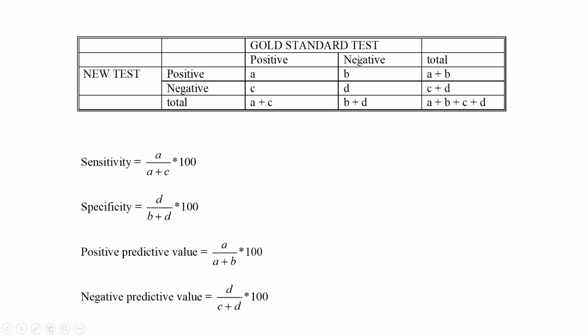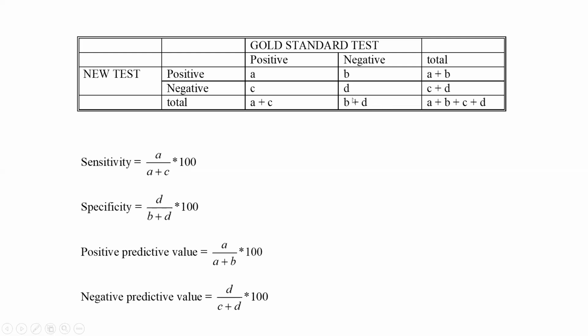Specificity is here the total negative. That means these people don't have the disease, and the test identifies D amount of people as negative. So D divided by B plus D is the specificity.